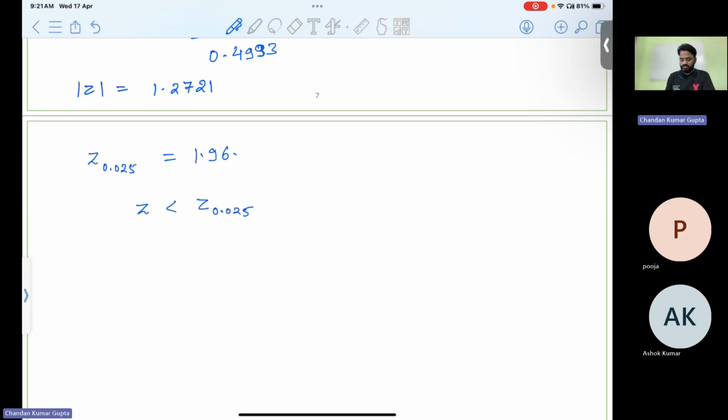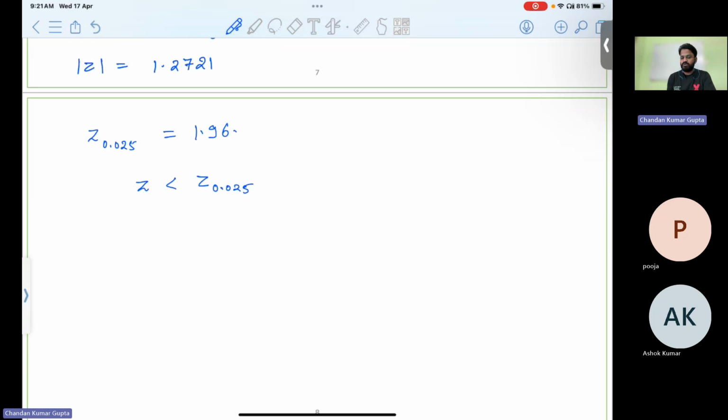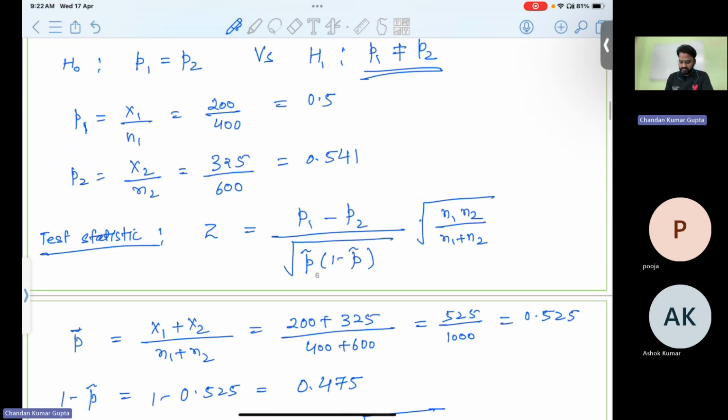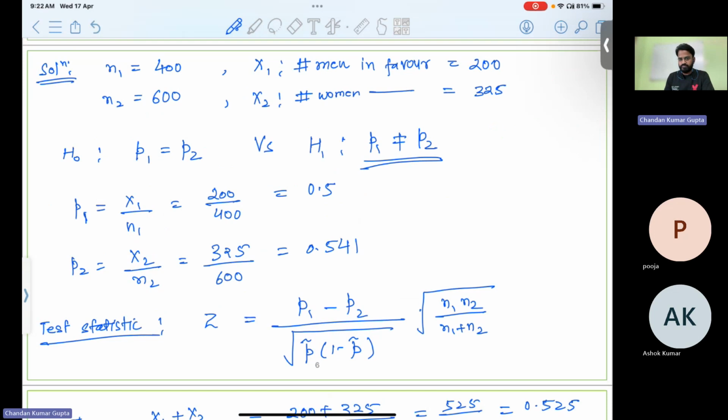Okay, so in this scenario, we accept, or we fail to reject, the null hypothesis. And what is our null hypothesis? That p1 equal to p2. And that means we accept it.